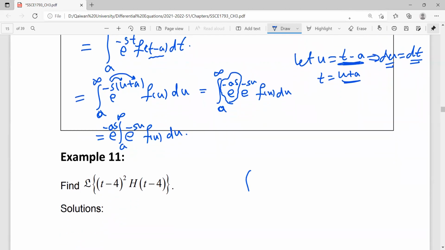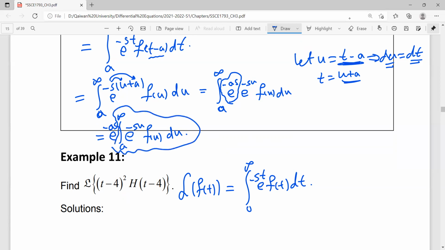We said that the Laplace transform of f of t equals the integration from 0 to infinity of e to the power minus st, f of t dt.